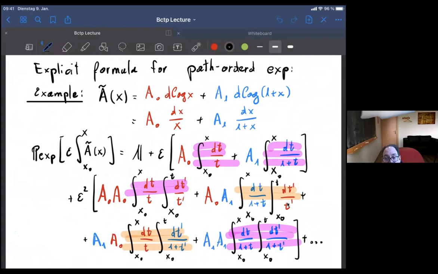And well, then you just have to unfold the path-ordered exponential as you would do with perturbative expansion of a Wilson line in QCD, where there the matrices A0 and A1 would be, say, the generators of the Lie algebra. Epsilon would be the coupling constant, and the 1 over t and 1 over 1 plus t would be propagators, essentially. So it's essentially the same mathematical formula.